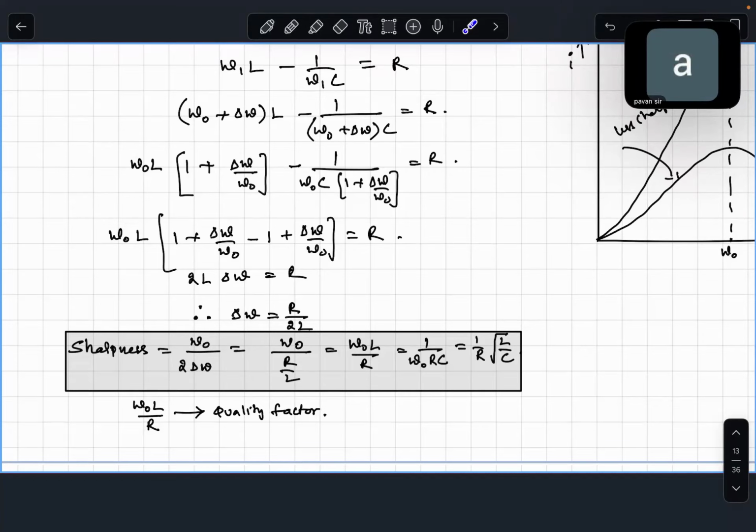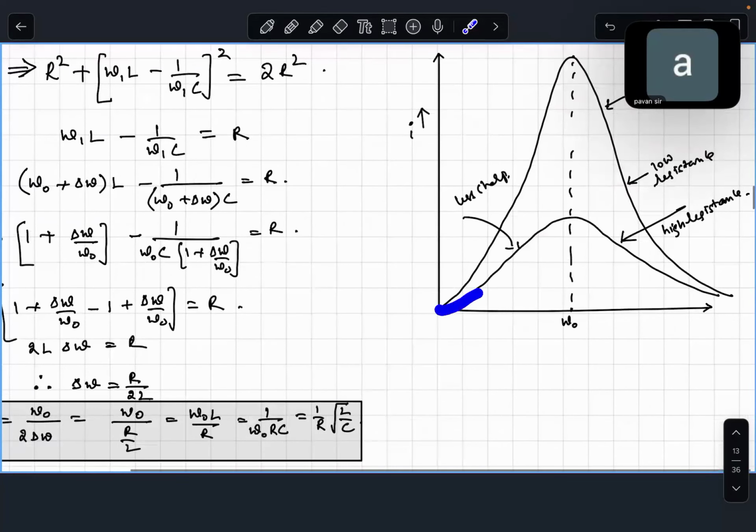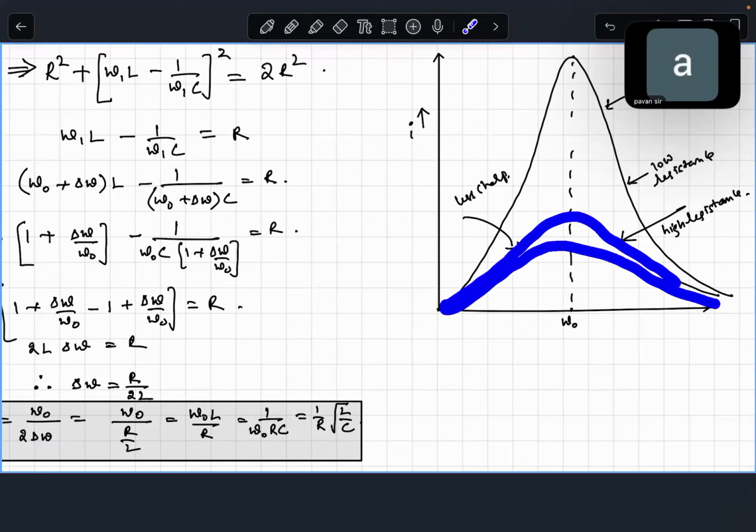Suppose we have signals close together like this, less sharp like this, your instrument will toggle between these two signals. Quality will be badly missing. Because your instrument has some inabilities, and the channel bandwidth is costly.